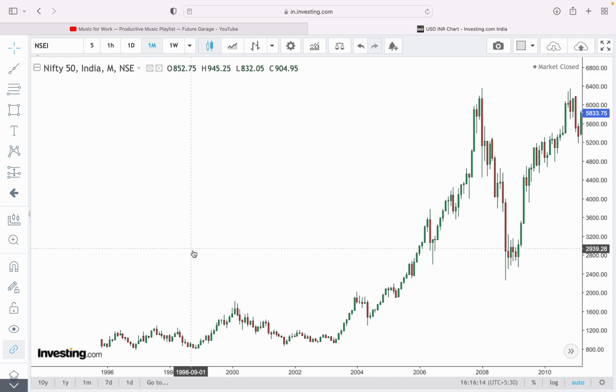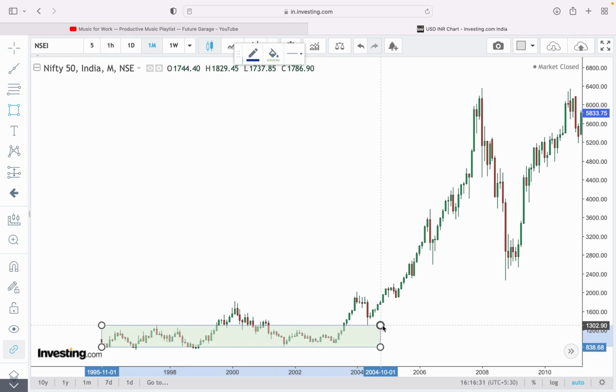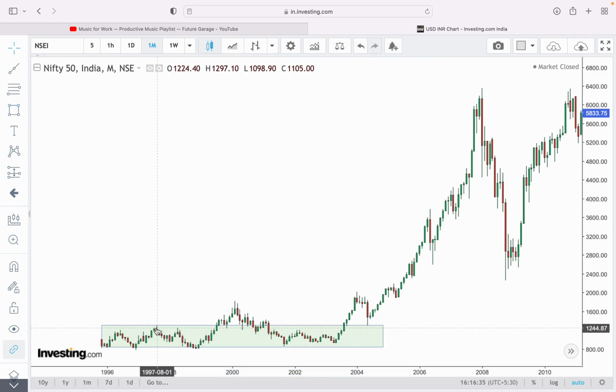As we had earlier mentioned, a security is in an uptrend provided it creates consistent higher highs and higher lows. Now if we use a structure like this, we will note that this low of 830 and this high of somewhere around 1300, 1250 had been in play in the market from 1996 almost till 2004.